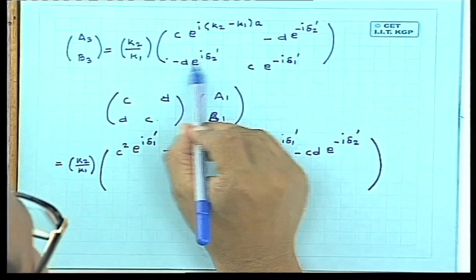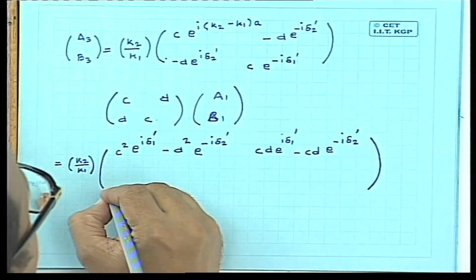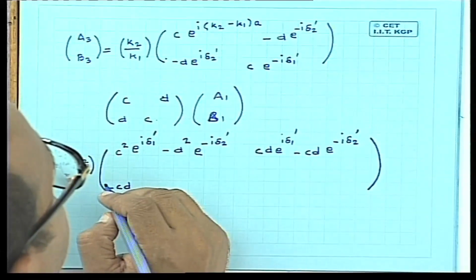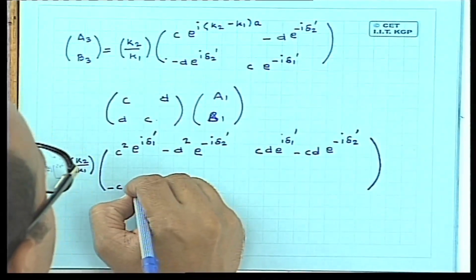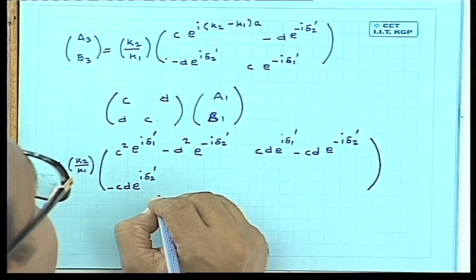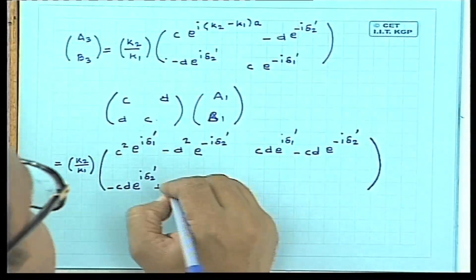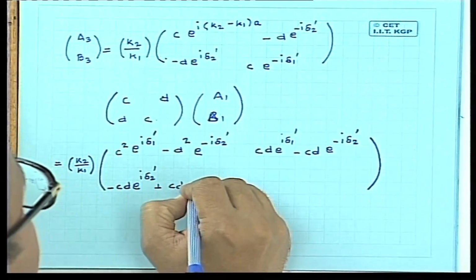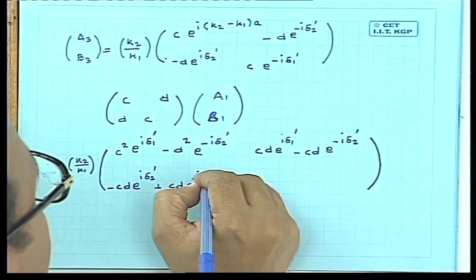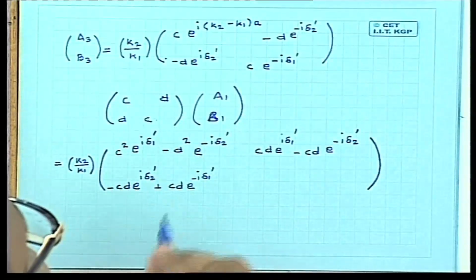Let us also multiply the second row with the first column to get this over here. So this gives us minus C D e to the power i delta 2 prime, plus, we are multiplying this with this, C D e to the power minus i delta 1 prime. And we have the last term, which is the second row by the second column, multiply these two.